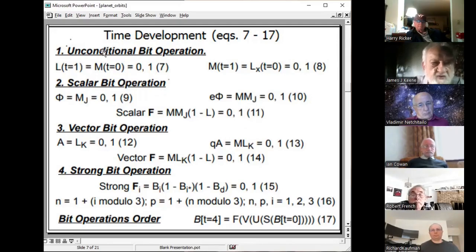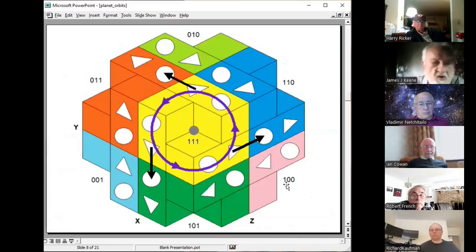What gives you the bit cycles is 1 and 4, the strong bit operation and the unconditional bit operation. In the unconditional bit operation, we're just shifting the bits in the direction of the L locus arrows. So here is our home version of binary mechanics bit cycles, showing you the bit cycle for the electron.